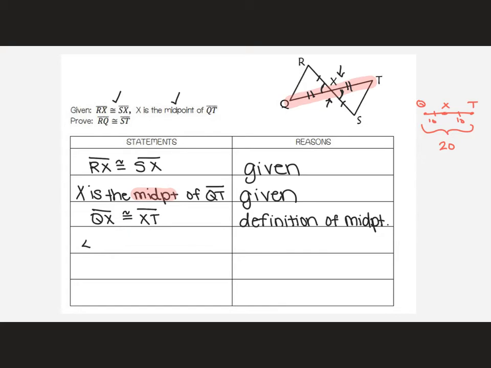We're not really sure which one's angle X, so we need to be really specific and name it with 3 letters. Remember that the vertex is always the middle letter, so that would be X in this case. So angle RXQ is congruent to angle SXT, and we'll write vertical angle theorem.